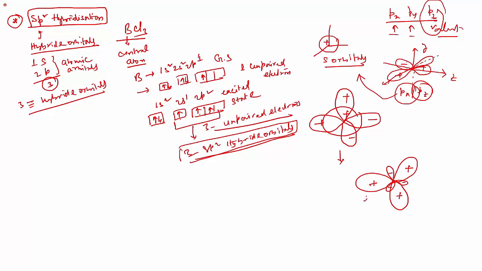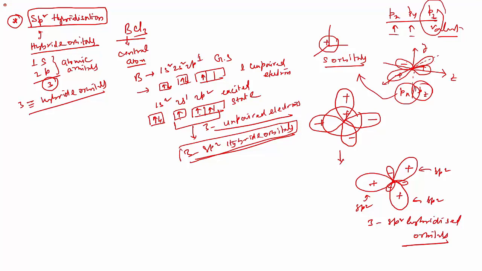So this is one sp2 hybridized orbital, this is another sp2 hybridized orbital, and this is another sp2 hybridized orbital. So the three sp2 hybridized orbitals are present in this case.